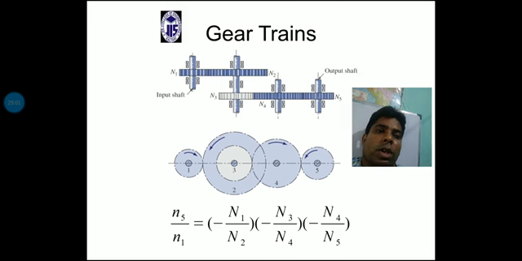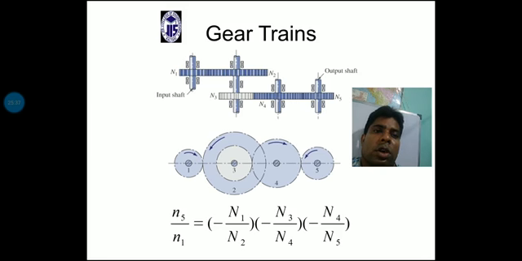These are the revolutions per minute, that is RPM. For the first case, gear 1 is connected with gear 2, so N5 by N1 is equal to, first, minus N1 by N2, as the direction is opposite.